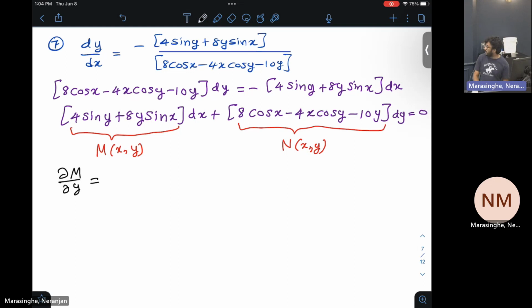If you evaluate the partial derivative of M with respect to y, you get 4 times cosine y plus 8 times sine x.